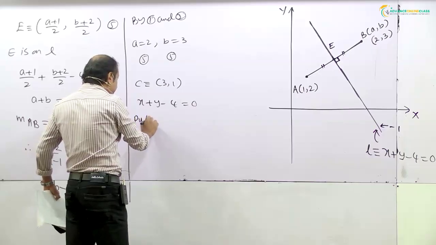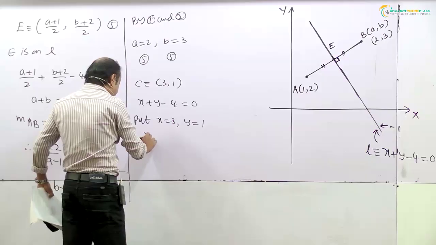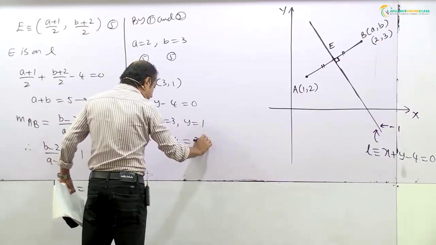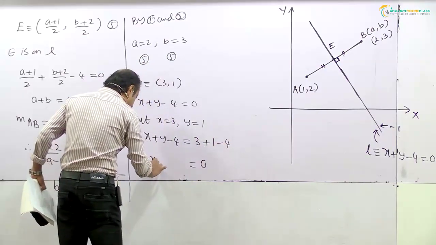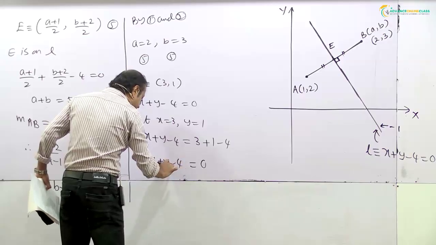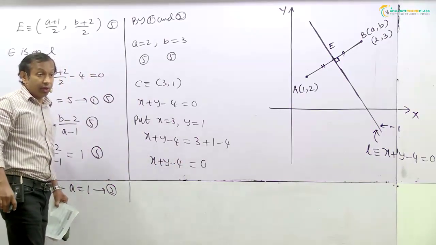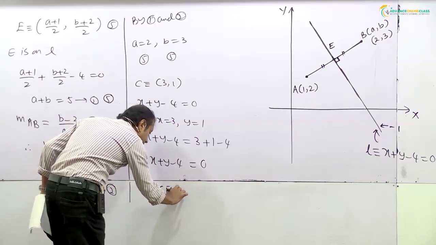Put x equals 3, y equals 1. x plus y minus 4, x is 3, y is 1, minus 4. This is 0. The coordinates of C satisfy L. Therefore, C is on L.